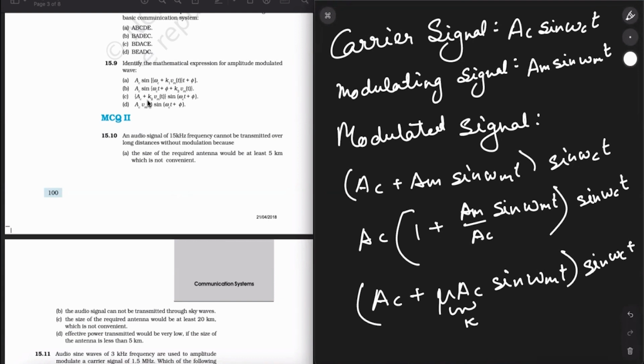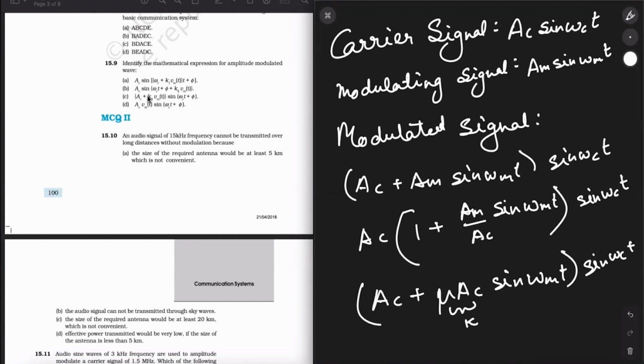Now what option is matching this? A_C plus K sin ω_M t. No. First option is wrong. Second is also wrong.